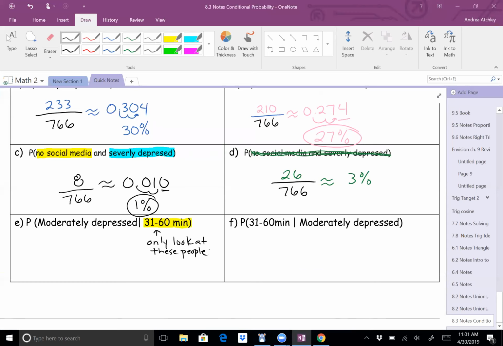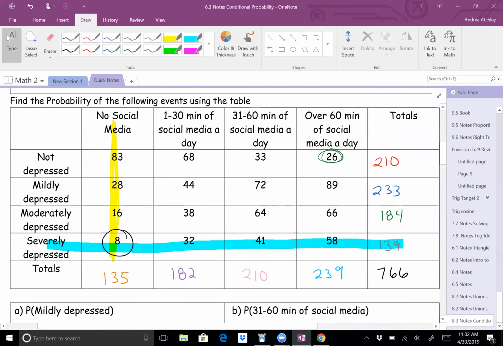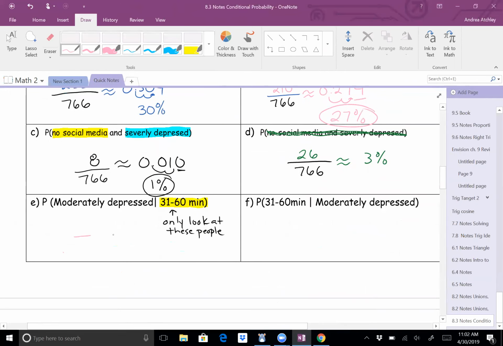I'm only going to go to that column, 31 to 60, and only look at these people now. How many people are in that group? 210. So now the denominator is different. It's 210 people now. In that group, how many people are moderately depressed?